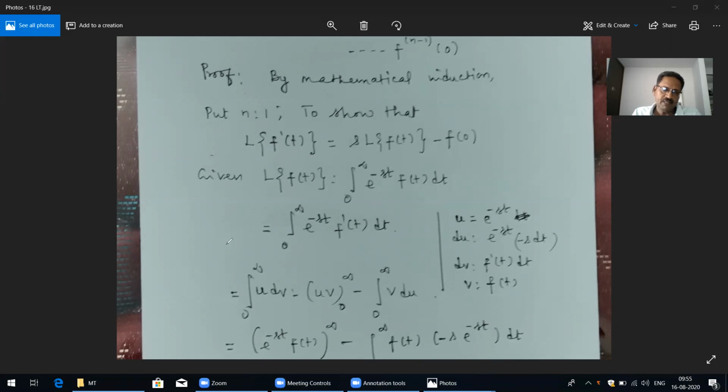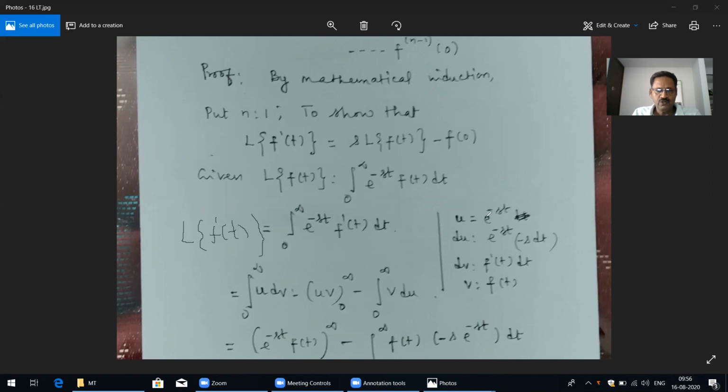So simply write here, Laplace transform of f dash of t equals, just replace f of t in the formula by f dash of t, you are getting like this. Is it okay? Then after this, evaluate this integration by using integration by parts.